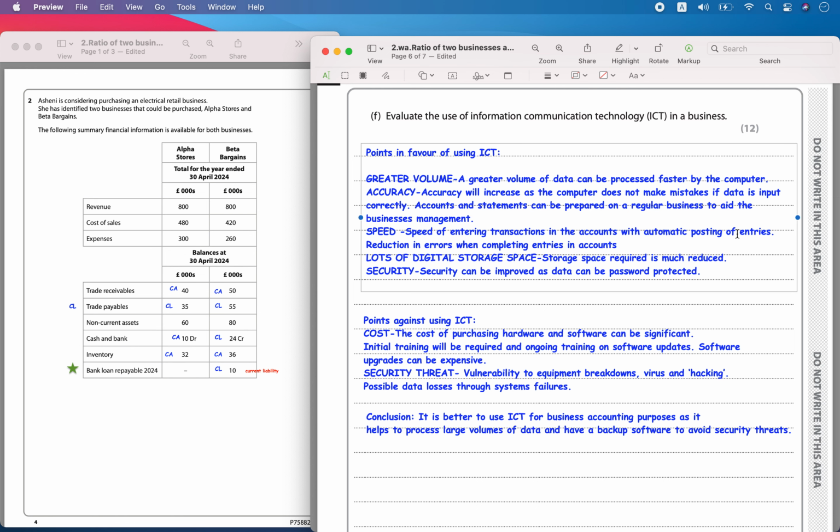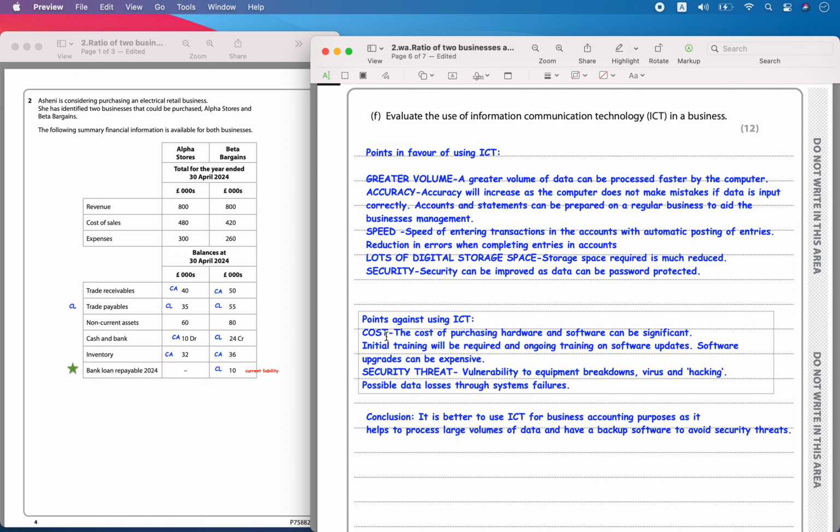You will also have a lot of digital storage space, and security can be improved if you set a password so that nobody can view it unless the financial people want to look at the accounting books.